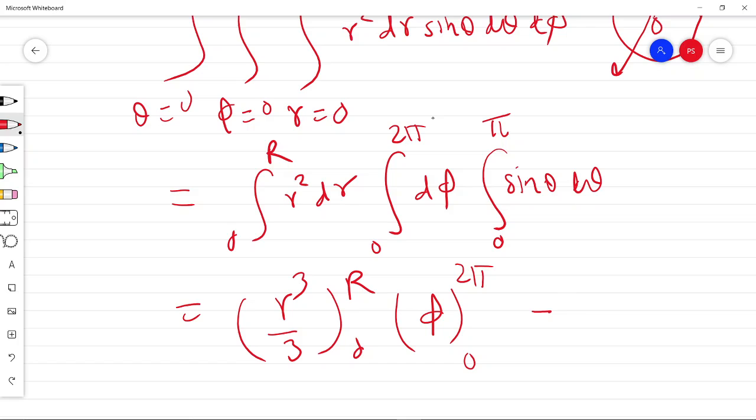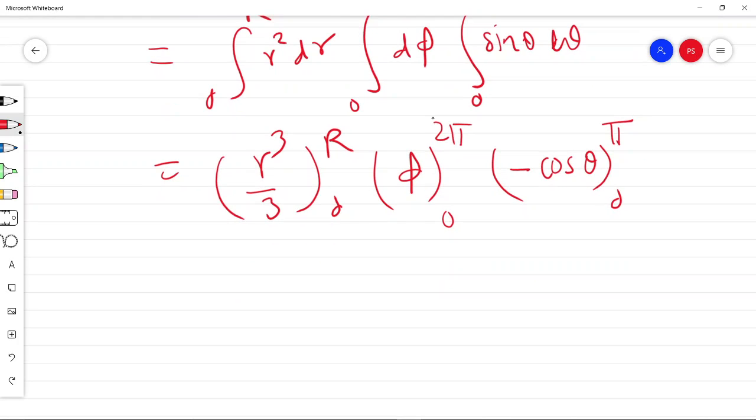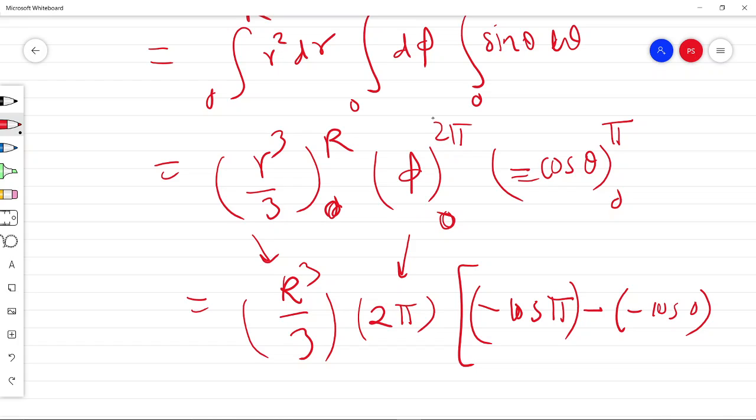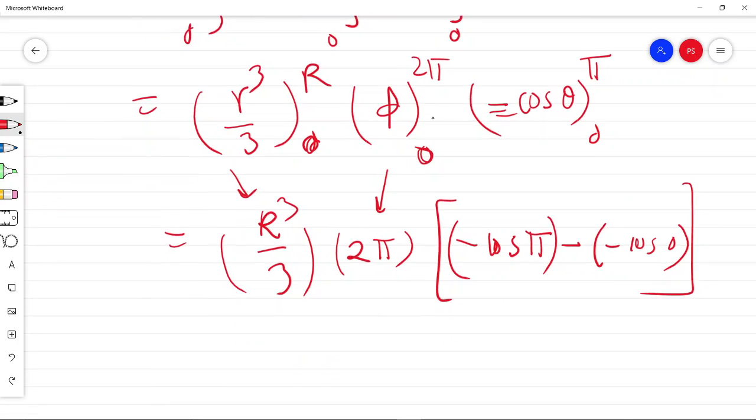Integral of sine theta is minus cos theta between limits 0 to pi. Now this is just r cube by 3. This is going to be 2 pi since the lower limits are 0 in both cases. And this is minus cos pi minus of minus cos 0. Yes, so the minus sign is sitting there, so we have to take that into account as well.